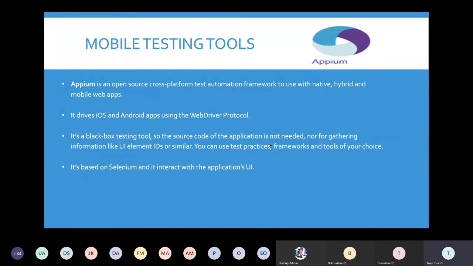You can use different programming languages, frameworks, and tools of your choice together with Appium. As I said earlier, it is based on Selenium, and it interacts with the UI of your mobile applications.